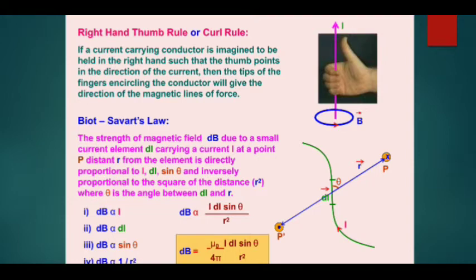So mu naught divided by 4 pi is the proportionality constant, and dB is mu naught I dl sine theta, the whole divided by 4 pi r square.